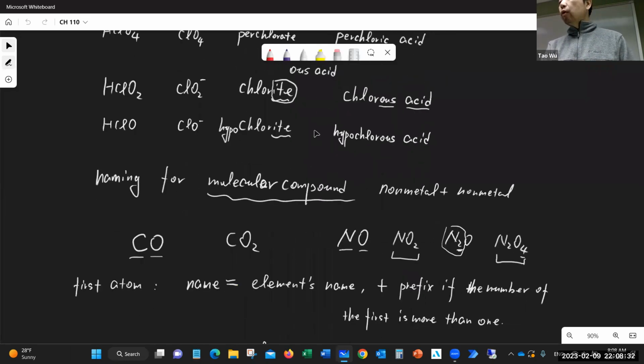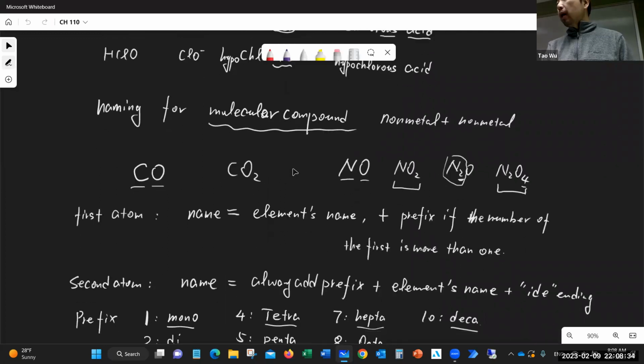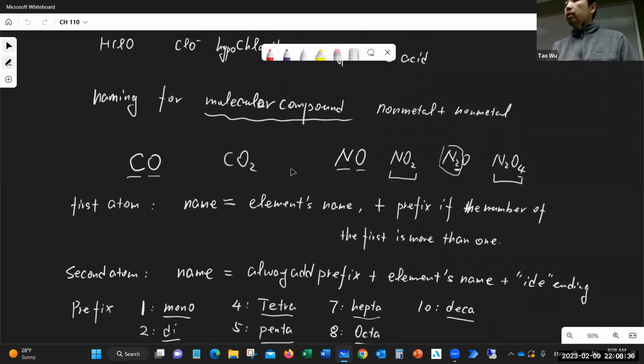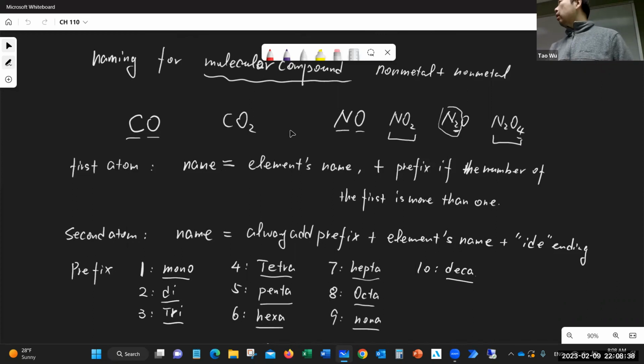For the naming of molecular compounds, again, we need to specify how many of each of the atoms are there, except for the first atom. If the first atom is more than one, we need to write the prefix.